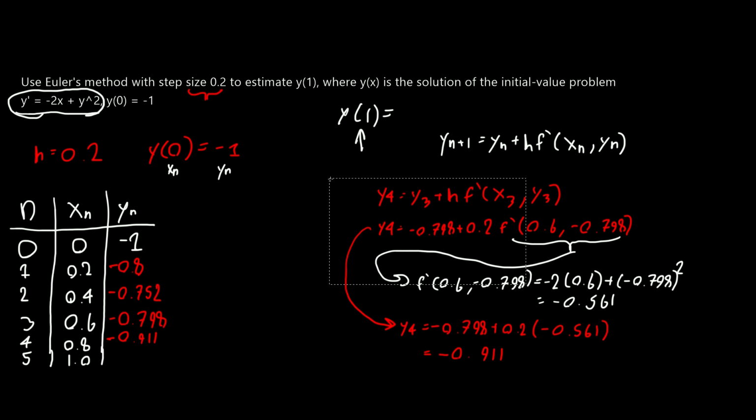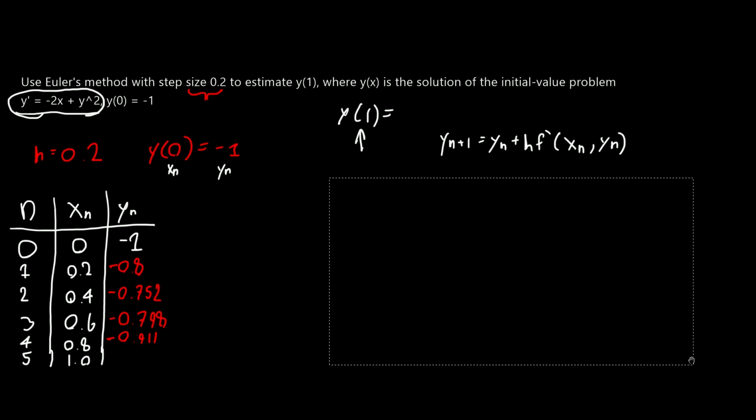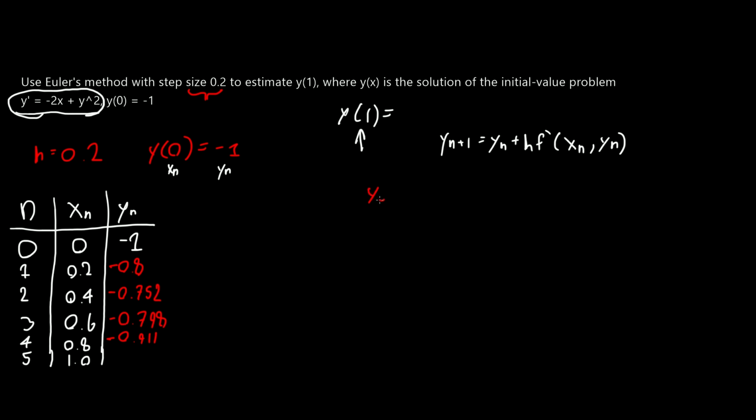And then once again, let me just get rid of all of these. So now finally, y sub 5 will equal y sub 4 plus h multiplied by f prime x sub 4, y sub 4.